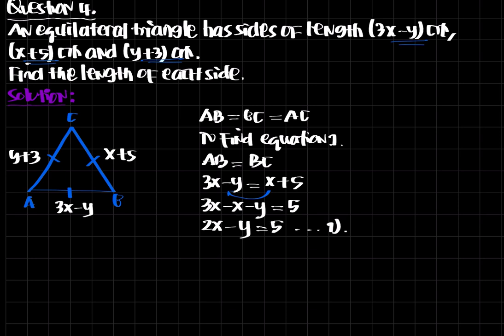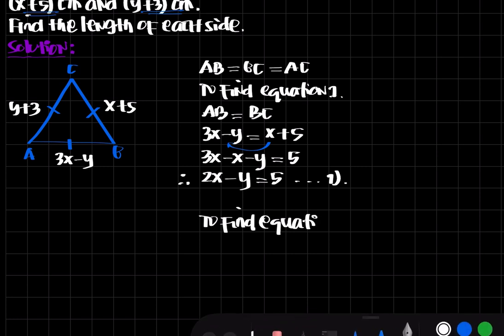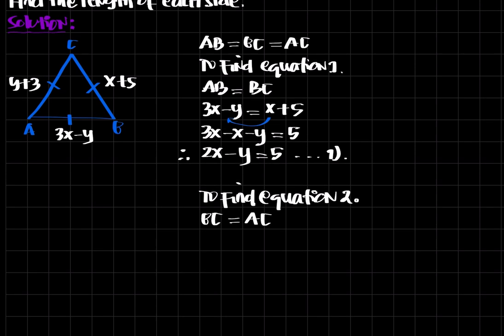Now to find equation 2, I'm going to use BC equals AC. So BC, x plus 5 equals y plus 3.